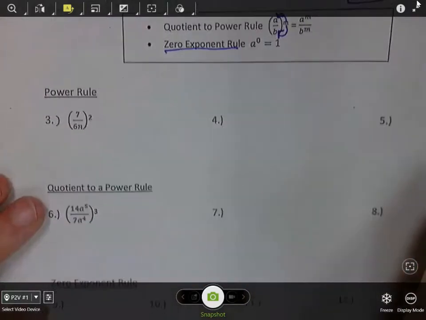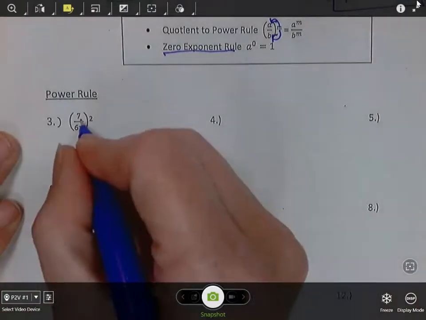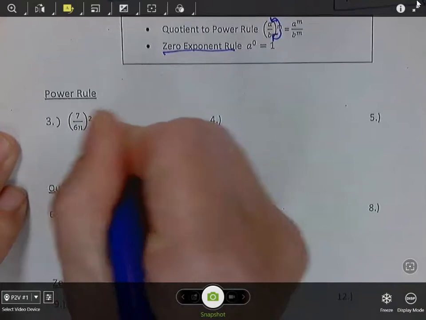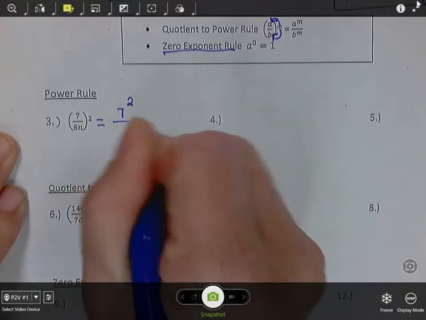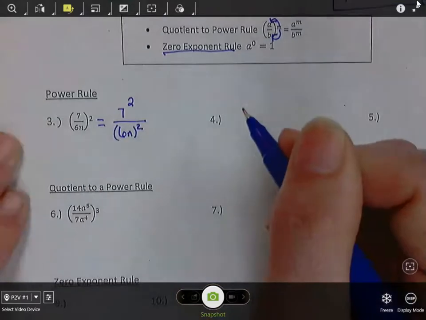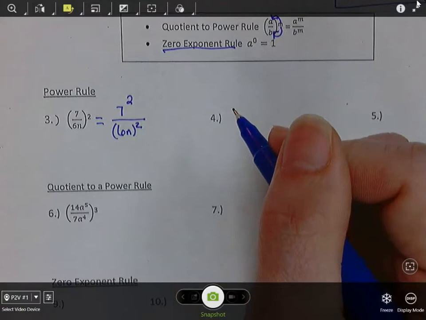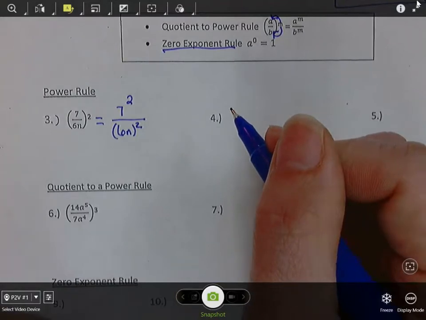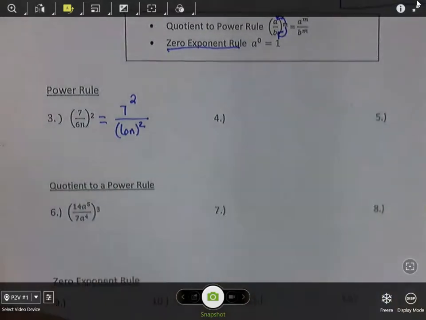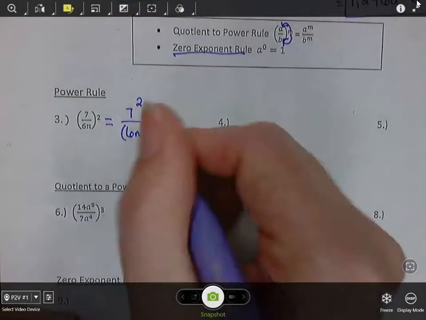Number 3, 7 over 6n squared. So since this is a fraction, you're going to do 7 squared over 6n squared. And notice I put the 6n in parentheses because there's more than one thing there. Okay, now you start working it out like we did before. 7 squared is 49.